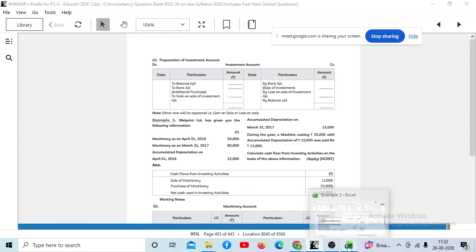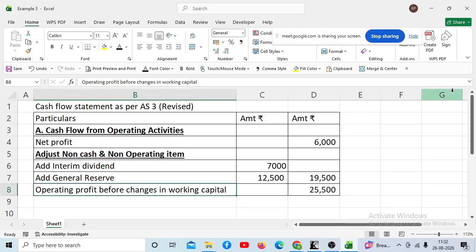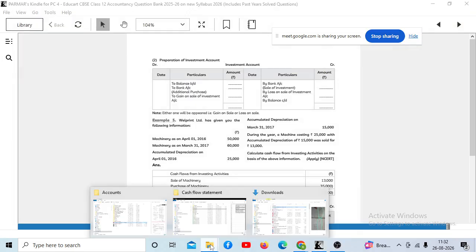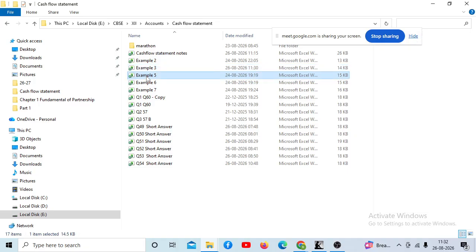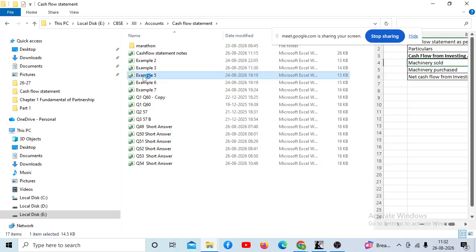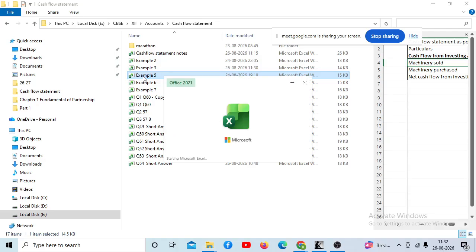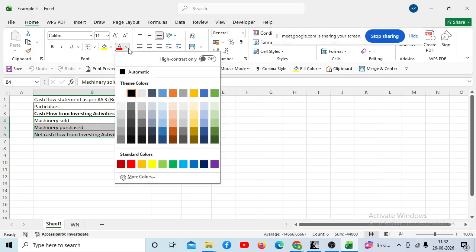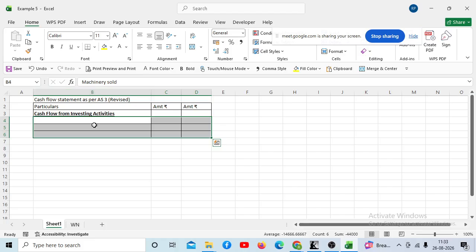So first of all, we will prepare the format for that. Example number 5. Just prepare this format. Give the heading as cash flow from investing activity. See, we are learning part by part.